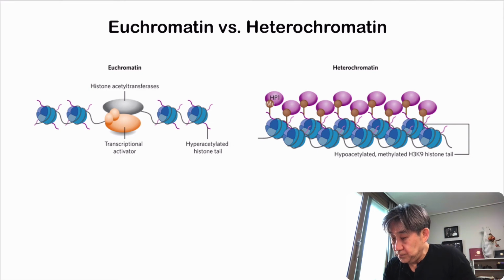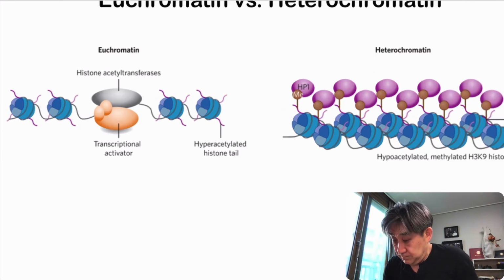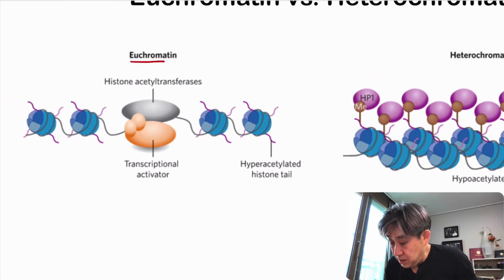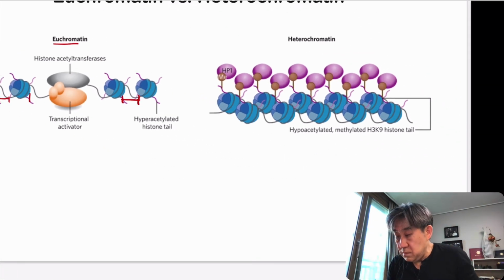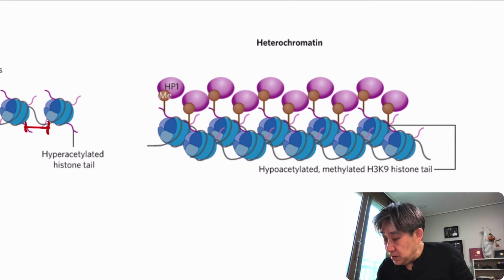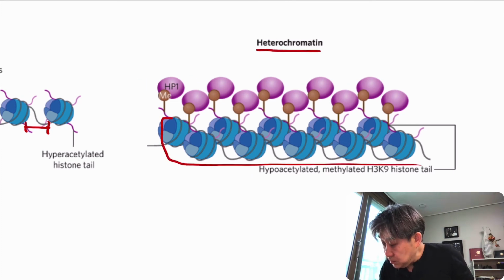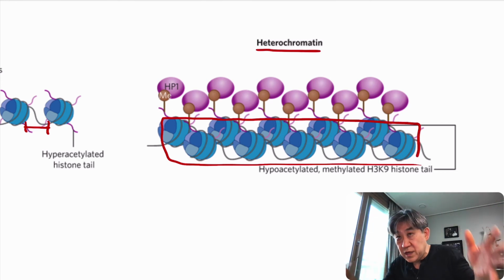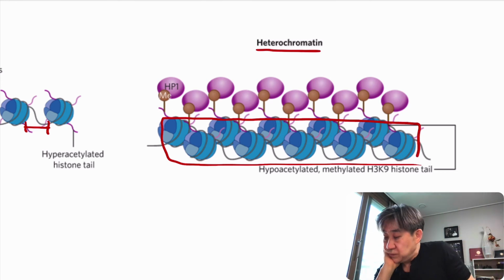So here in the euchromatin area, like I said, the distance between the nucleosomes is larger, whereas in the heterochromatin area, the nucleosomes in the same area of the chromosome are packed more compactly.